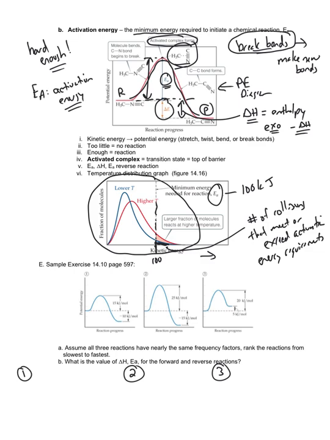Only the number of collisions that are in this shaded region, these are the only collisions that theoretically could form products because they are going to be hitting hard enough. All of these other guys over here are not traveling fast enough, so the collisions between these particles don't allow us to get over this hump of this hill, and therefore they will not have successful collisions.